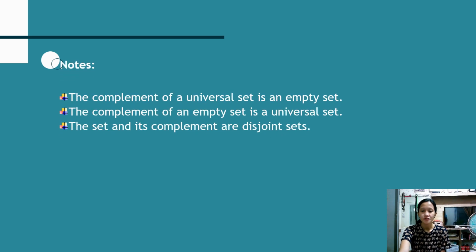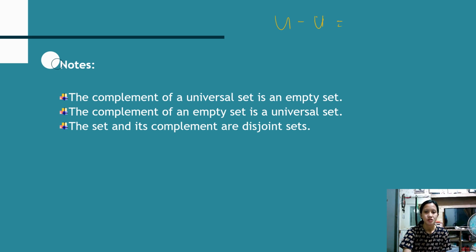Okay, take note of these important ideas when it comes to the complement of a set. The complement of a universal set is an empty set. Meaning, U minus U is just equal to an empty set or a null set.